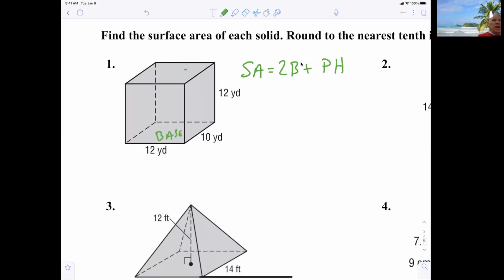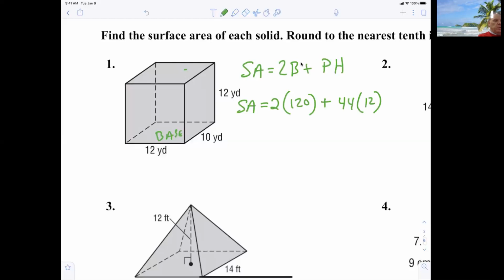All right. So now, again, here's what I would like. I would like you to write down, not just type it on your calculator. You're going to write down surface area is equal to 2 times what? Okay, I'm okay with writing down 2 times 120. How did I get 120? 10 times 12 plus the perimeter of the base is what? 44 times the height, which is what? 12.